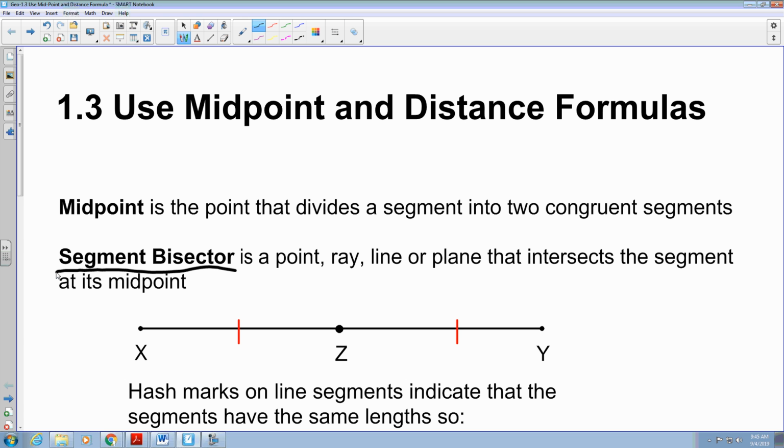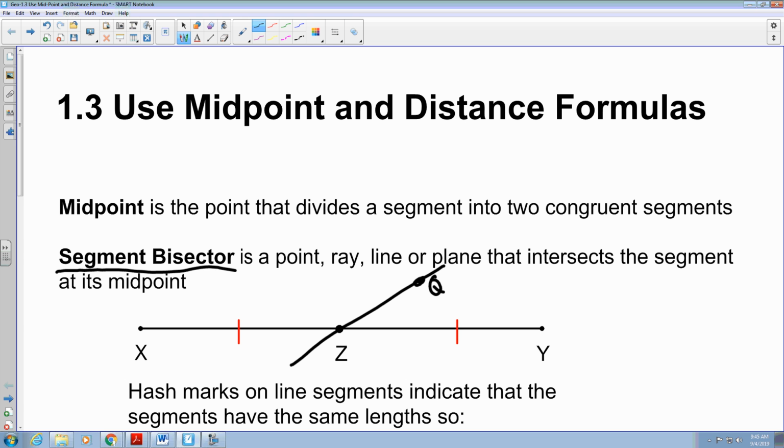That doesn't necessarily mean that, let's say if we added a line right here, QZ, QZ bisected line segment XY, but it didn't cross it at a perfect 90-degree angle. We just know that it bisected.